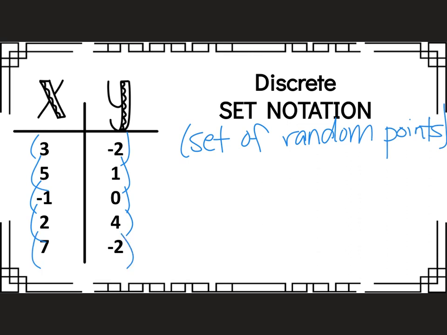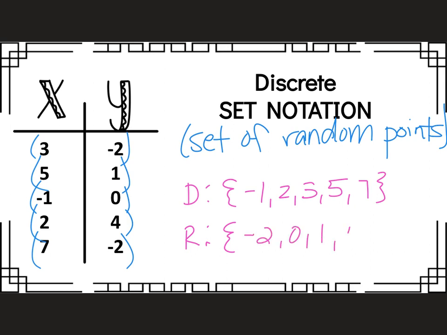We can say, okay, well, my domain is, and use the values in order from least to greatest, -1, 2, 3, 5, and 7, and then close that with a bracket. And then range would be the same thing, -2, 0, 1, and 4, and then of course close with a bracket.